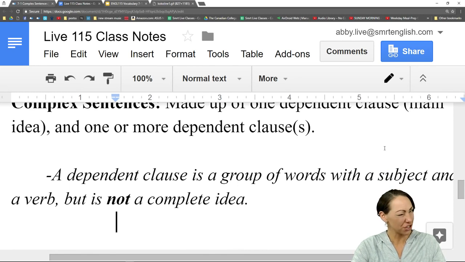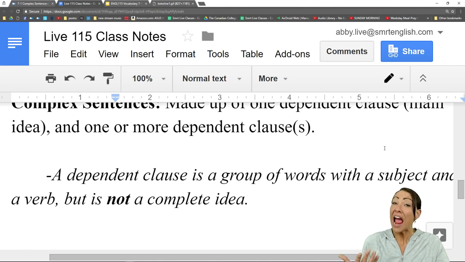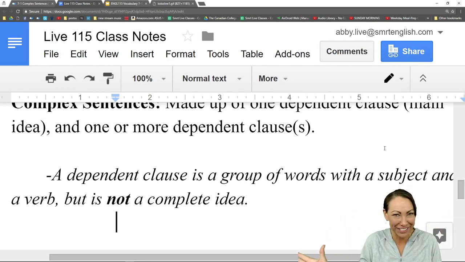And please make sure you understand that a dependent clause is a group of words, and like a simple sentence, it has a subject, it has a verb, but it is not, and I highlighted not, a complete idea. It cannot stand on its own. It doesn't make sense by itself because it does not finish or complete that full idea. Right? So that's complex sentences.